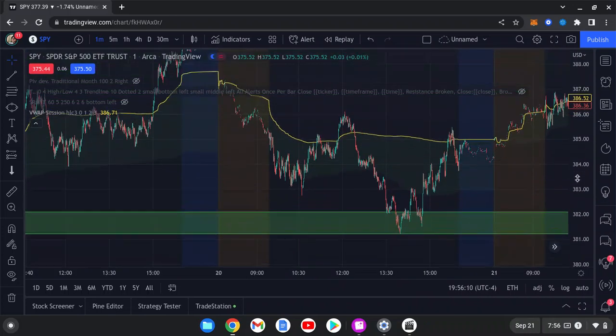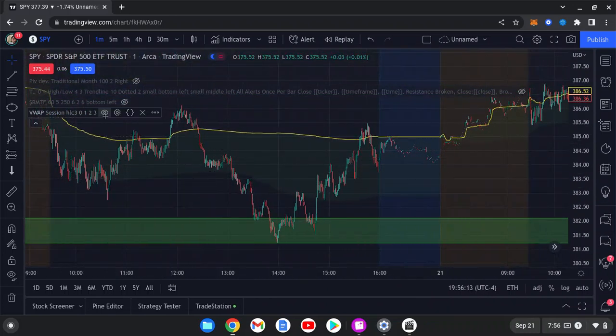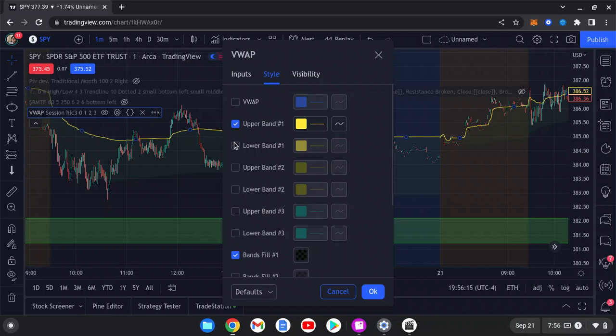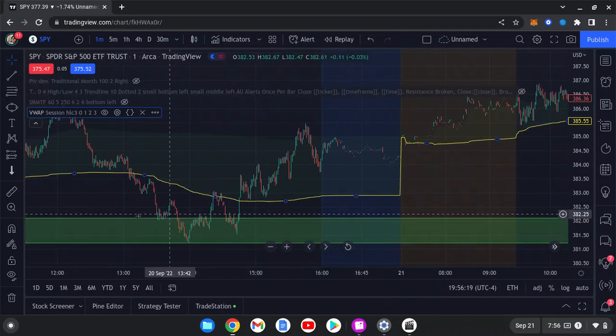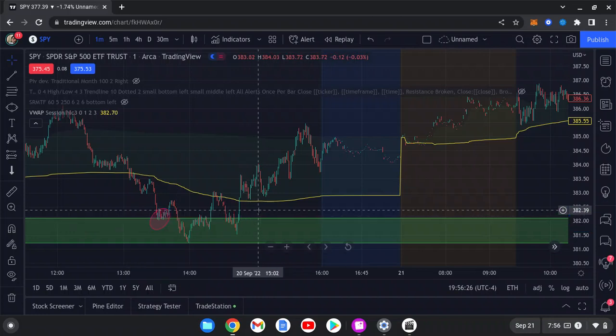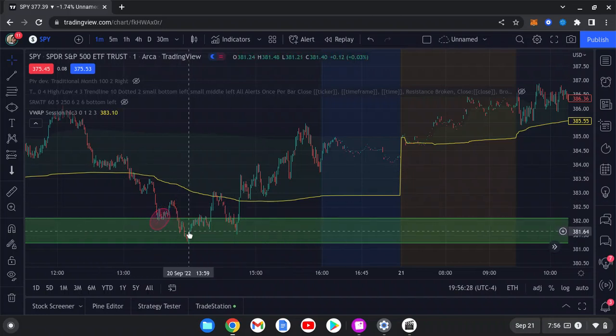Even if we look at the day before, if you were looking to long the market, we can see that SPY came down into this green zone, and it kind of consolidated.